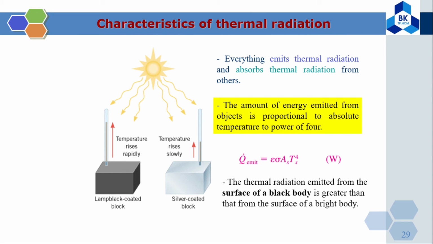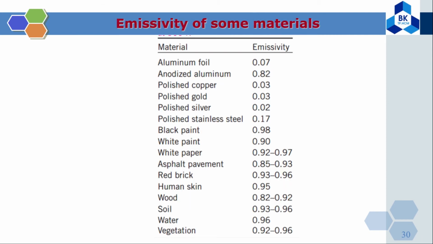So we get Q emit equal to epsilon times sigma times A_S times T to the power 4. The thermal radiation emitted from the surface of a black body is greater than that from the surface of a bright body. And here epsilon is what we call the emissivity of some materials, and this you will learn in heat transfer.